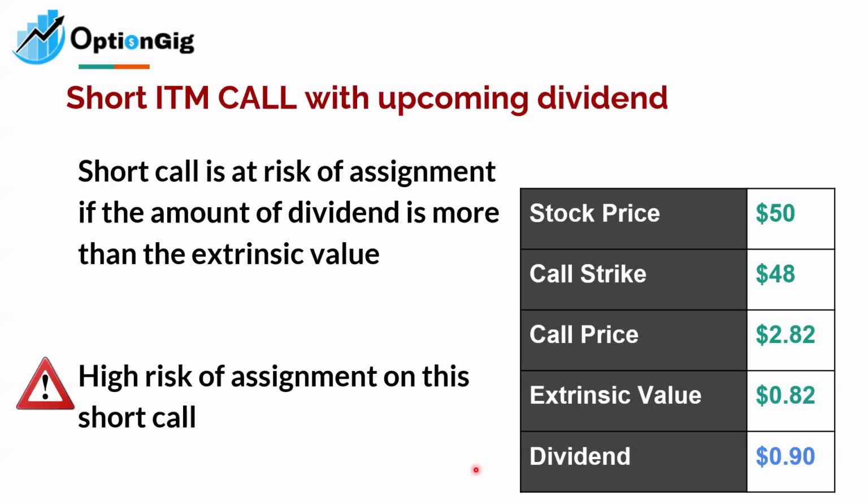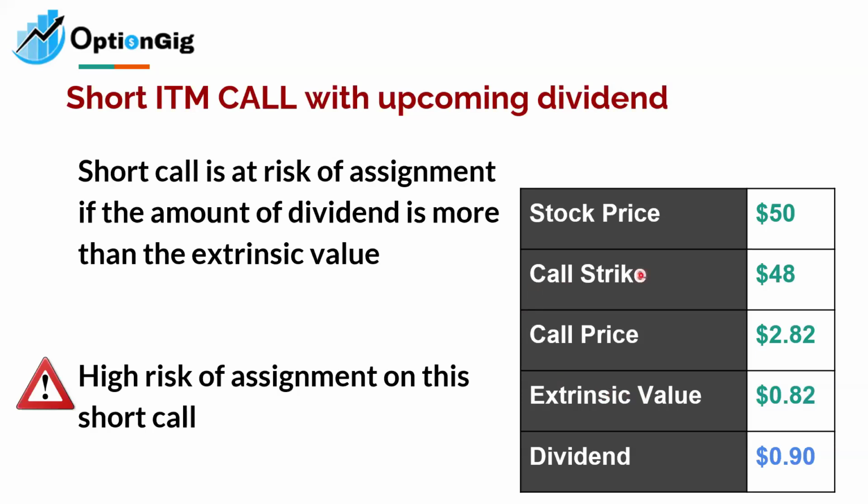They can own the shares by exercising their call option. So if you have sold a call option, you could be at risk of assignment if the dividend is more than the extrinsic value, because the other party will be able to get 90 cents while foregoing 82 cents. So for them, it's easy math.